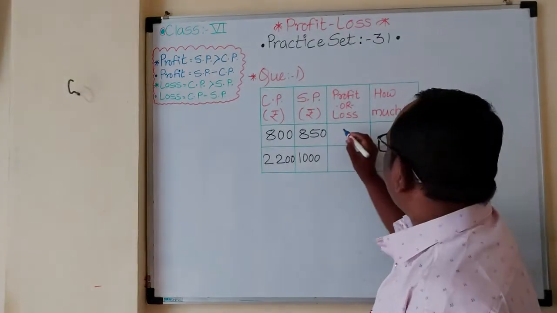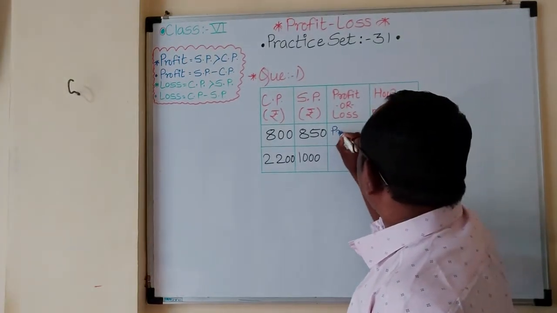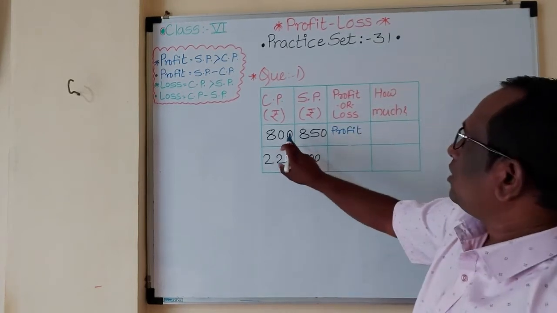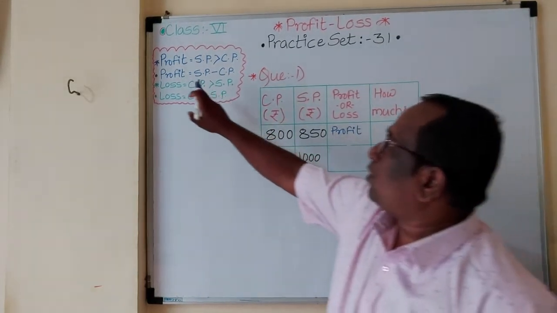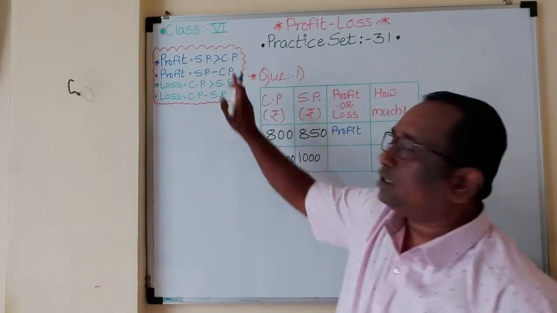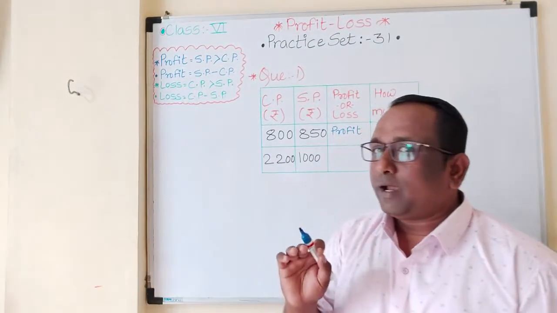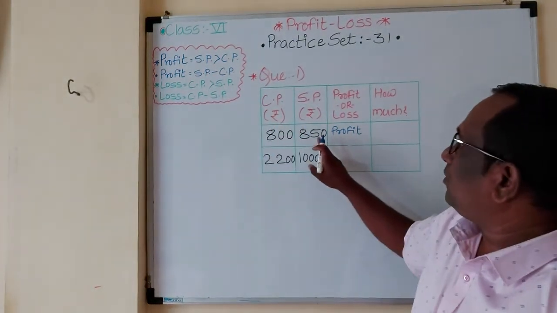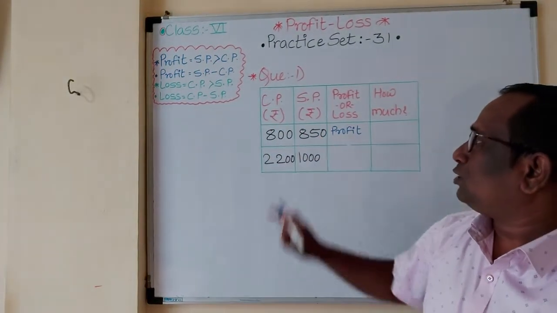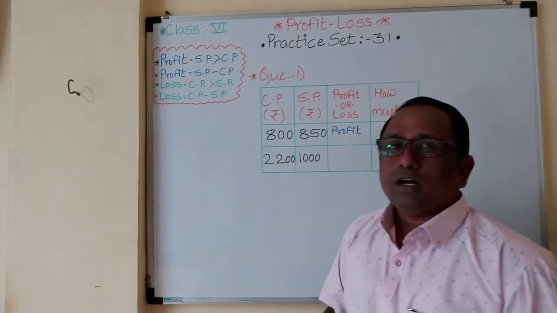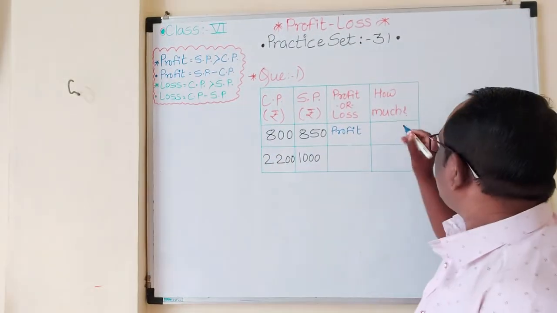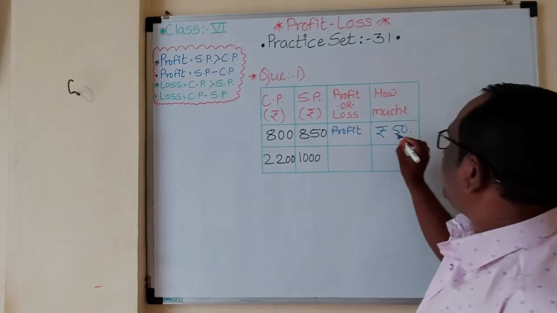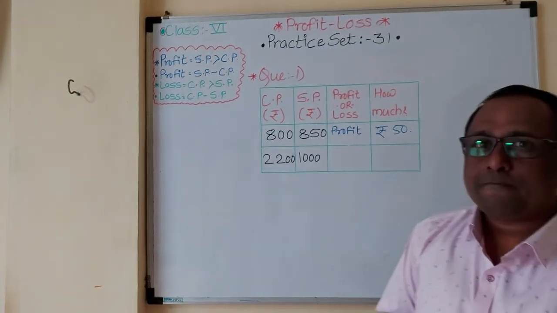Here you have to write profit. The formula is profit is equal to selling price minus cost price, SP minus CP. Selling price is 850, cost price 800, so 850 minus 800 is rupees 50. So 50 rupees profit.